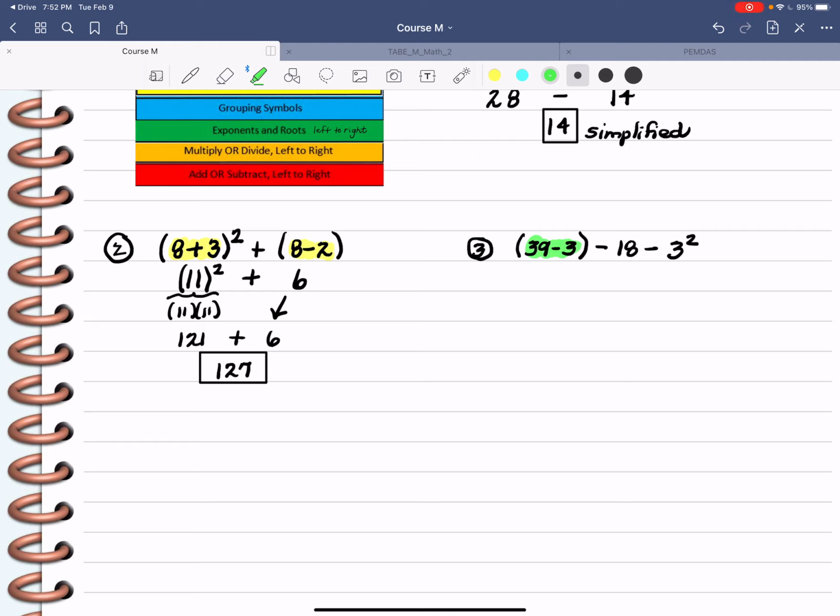Parentheses. 39 minus 3 is 36, and then I copy. The next step, that's that green step of your memory piece, would be the exponents. So that's this step right here. 3 squared is 3 times 3, and that is 9. And then I copy.